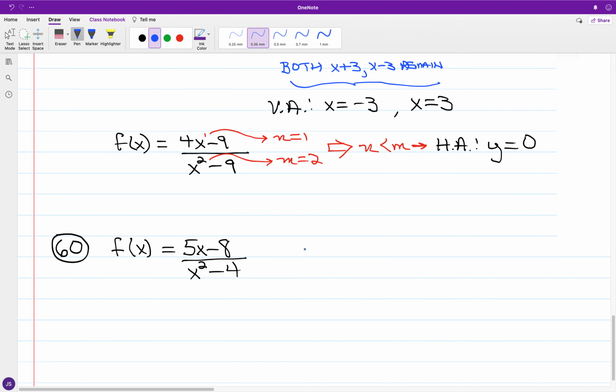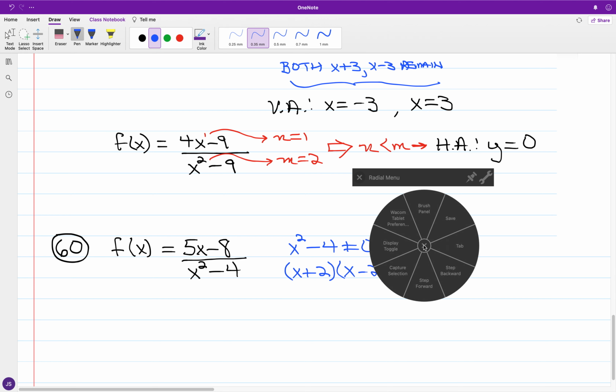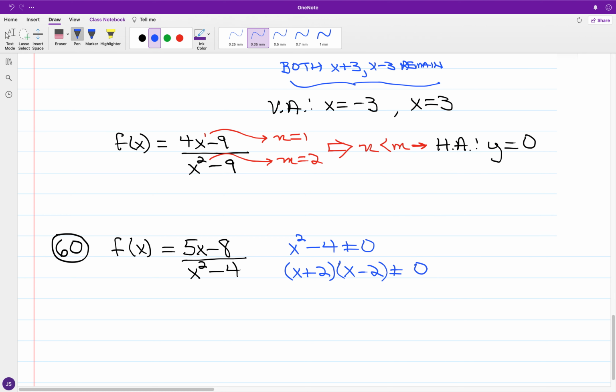For what we have here, the denominator cannot be 0 in value. Again, we have a difference of squares with x squared minus 4, whereas before we had x squared minus 9. Looking at factoring, the quantity of x plus 2 times x minus 2 cannot be equal to 0.